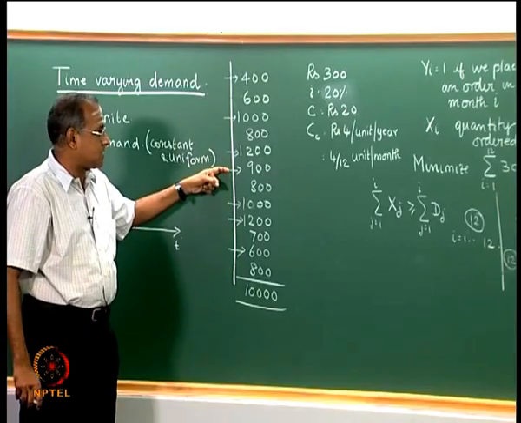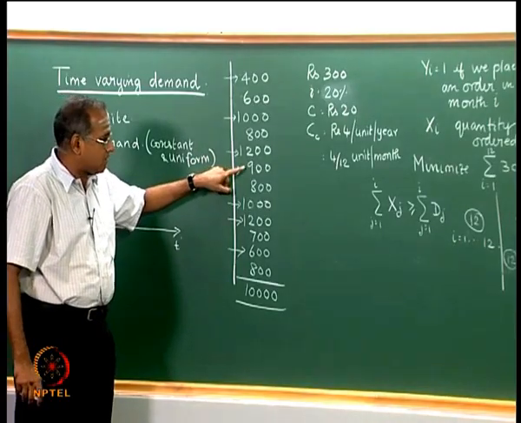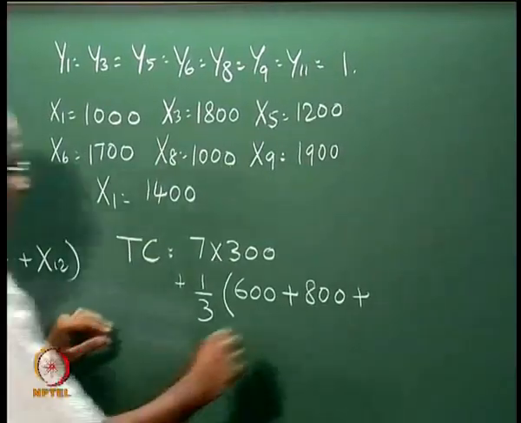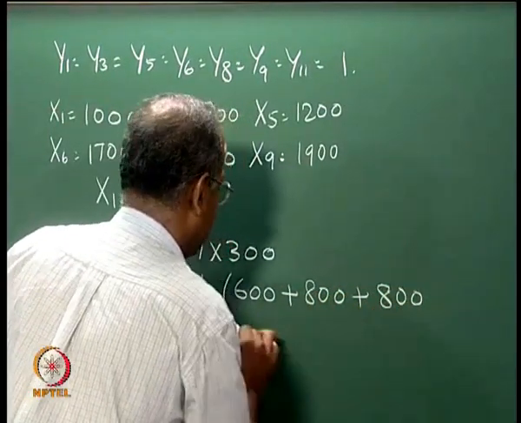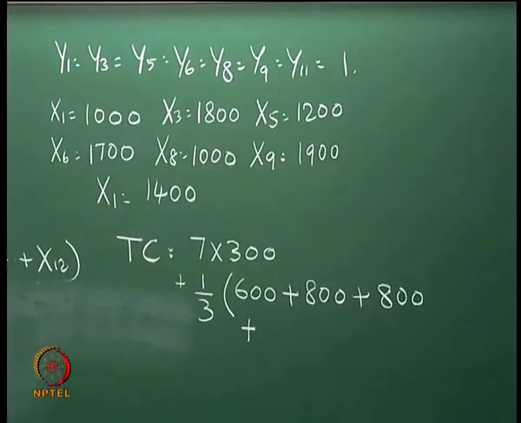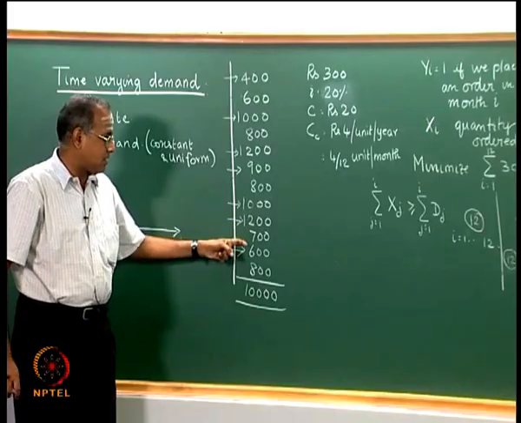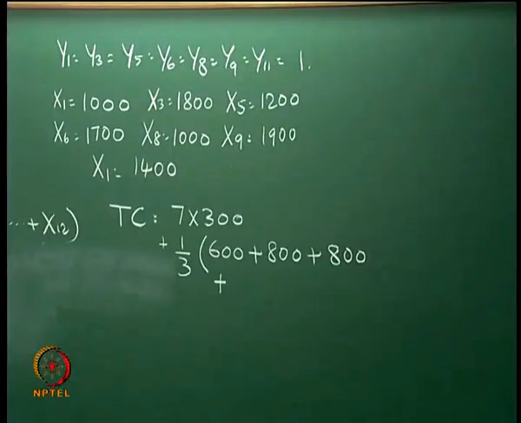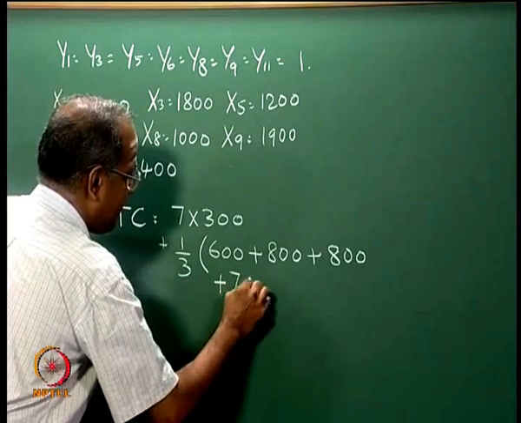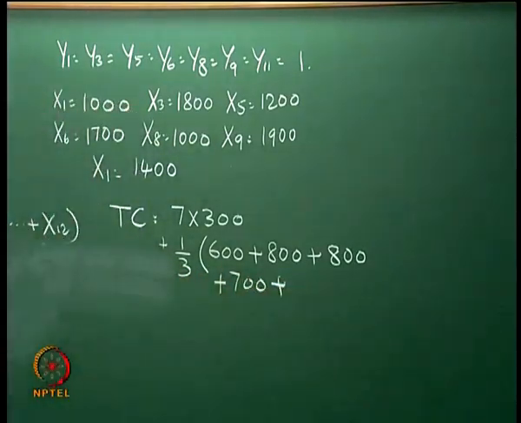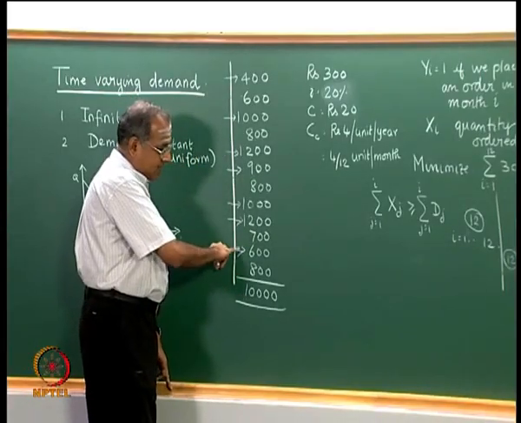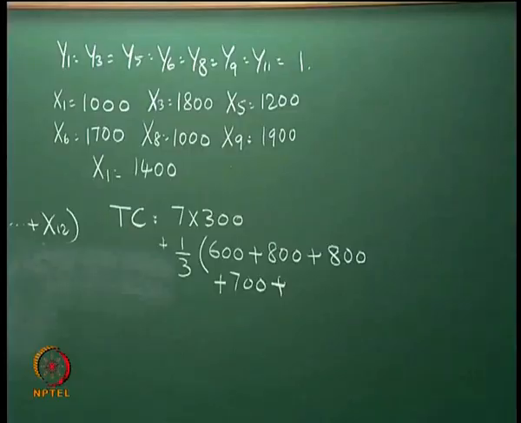Here we order 1700, we consume 900, so we carry another 800 here, so plus another 800. We order 1000, we consume all 1000, we order 1900, we consume 1200, so balance of 700 is carried, which is consumed at the end of this period. So we order 1400, 600 is consumed here, 800 is what is carried, so 800.